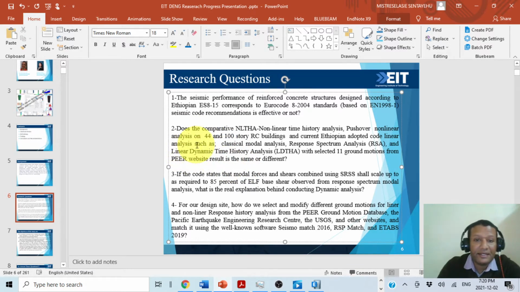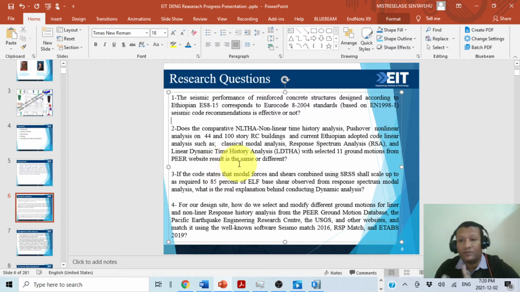The second thing: does the comparative nonlinear time history analysis and pushover nonlinear analysis on 44 and 100 story RC buildings differ from the currently adopted Ethiopian code linear analysis, such as the modal analysis, response spectrum analysis, and linear dynamic time history analysis? We selected 11 ground motions, as I showed you, from the PEER website.